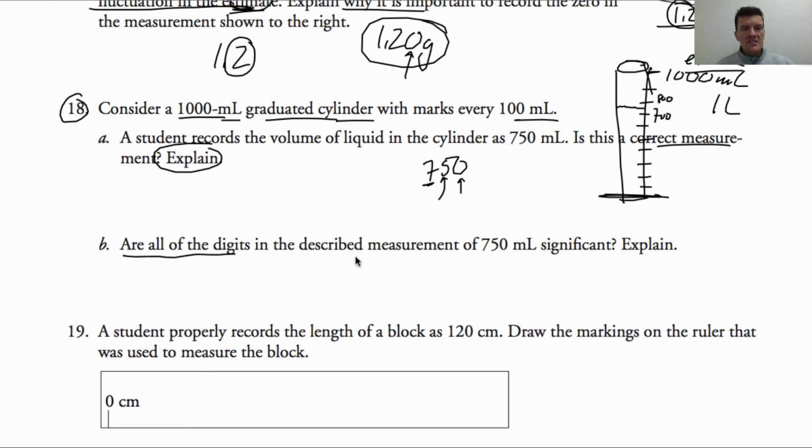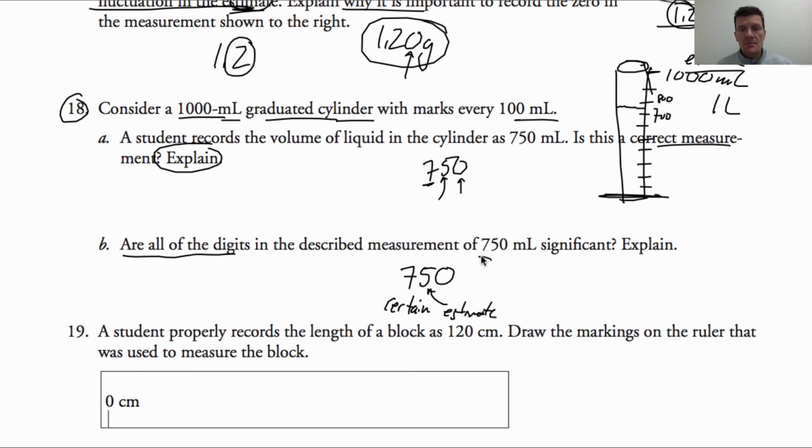Are all the digits in the described measurement of 750 milliliters significant? Well, the 7 is certain. The 5 is estimated. Those are definitely significant. The 0 is not significant. That is not part of the accepted digits that you can use in your measurement.